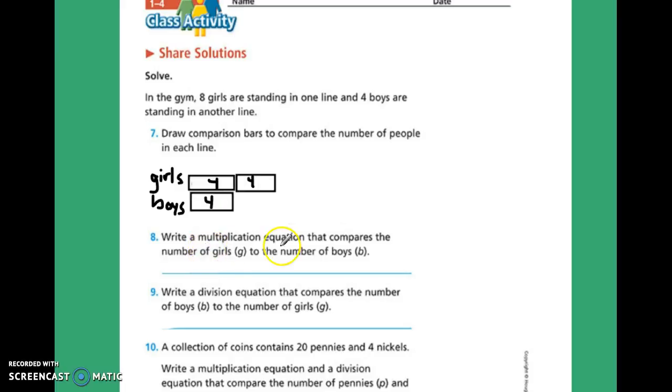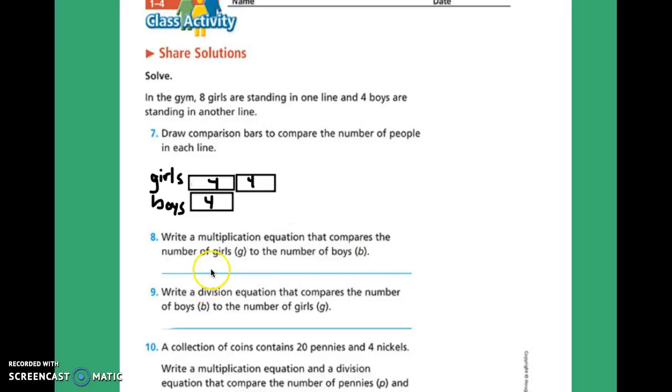It says write a multiplication equation that compares the number of girls to the number of boys. So I want you to go ahead and try that one. What is the multiplication equation I could write that could compare the number of girls to the number of boys? And they use G as girls and B as boys.